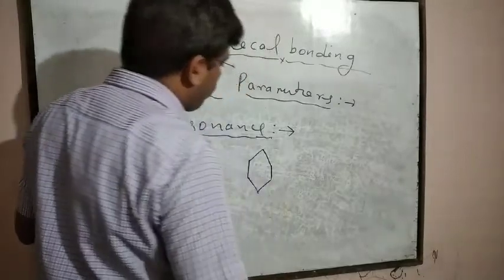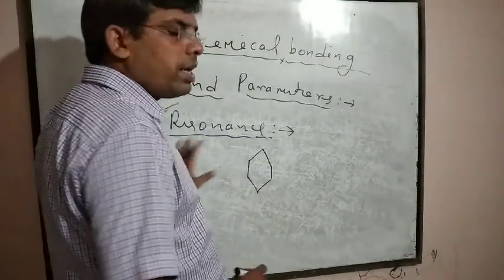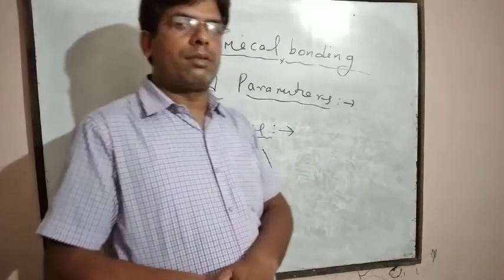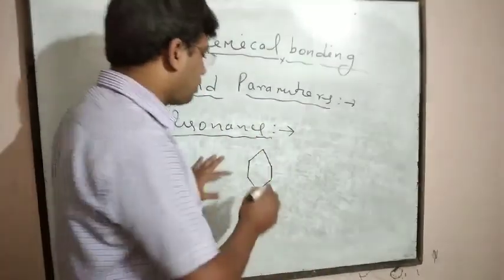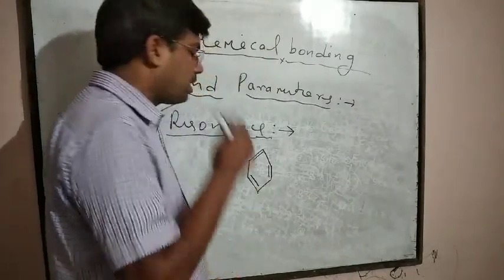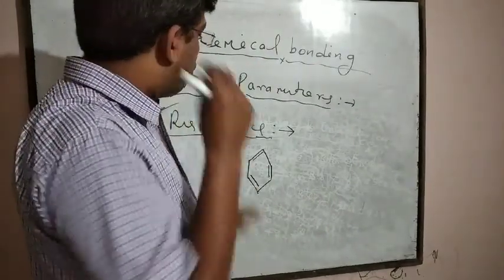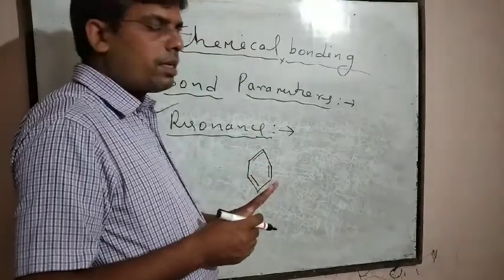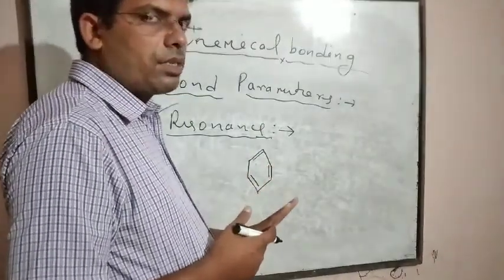in benzene we already know that 3 alternate double bonds are present, means 3 pi bonds are present. One pi bond is here, one here, and one here.